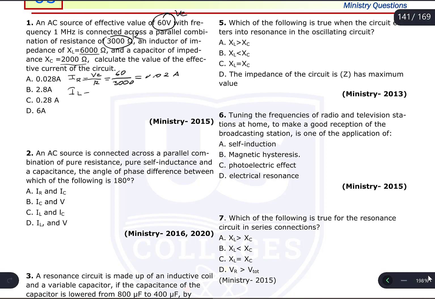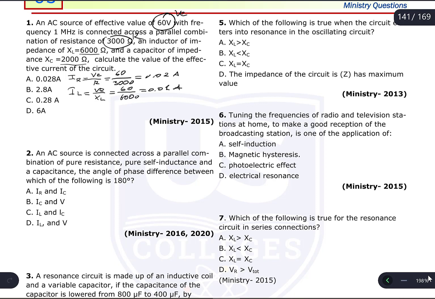Electric current across the coil, V effective divided by XL. So V effective again the same because they are in parallel. XL is given as 6000. So 60 divided by 6000, which is 0.01 ampere.